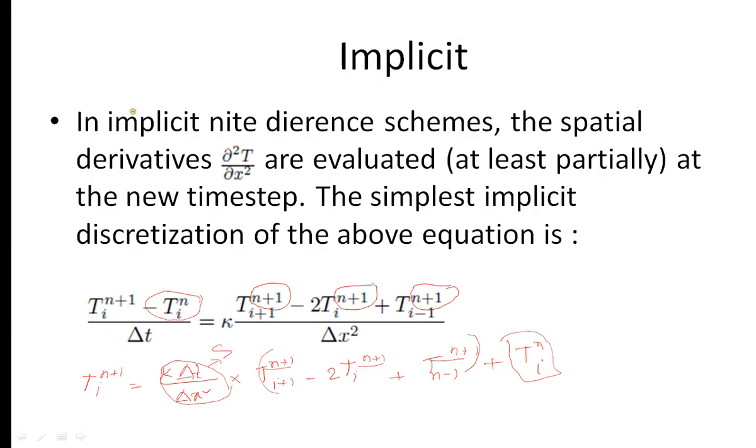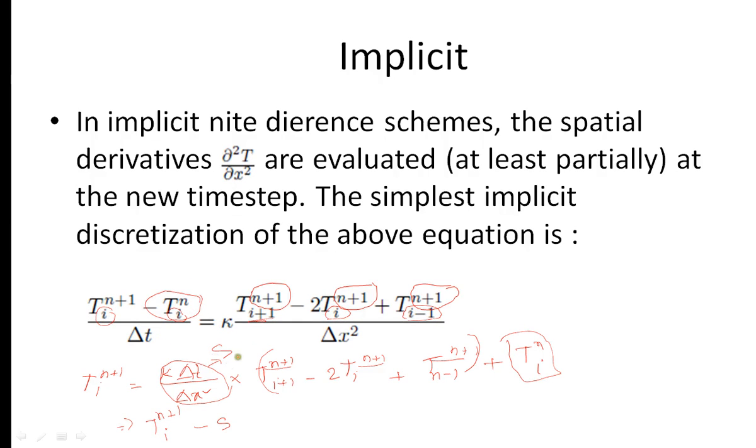So we can write down the equation here. At point i, this is at point i plus 1, this is at point i, and this is i minus 1, right?